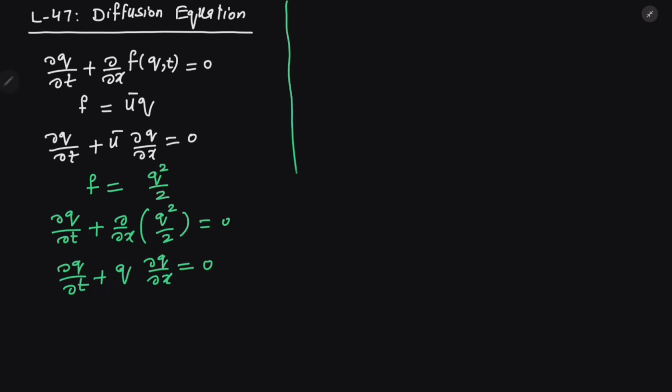So if I replace this flux F with minus beta partial q by partial x. Previously this F was a function of q and t. Now F is a function of the derivative of q with respect to x, and of t.